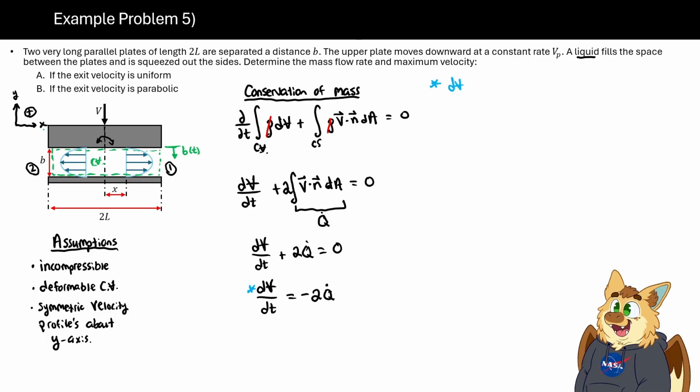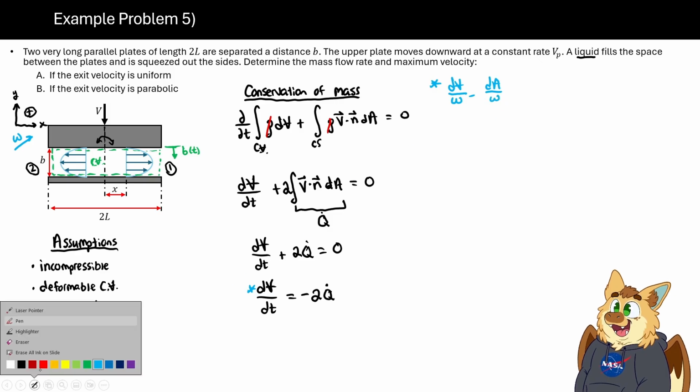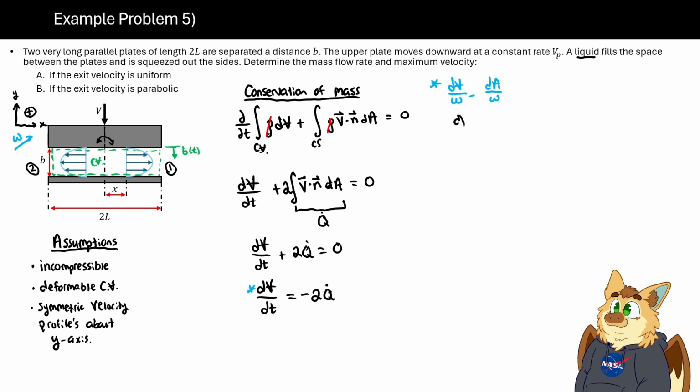So we're going to assume that our volume and our area are basically normalized by our width into the page. So dV would actually be written as dV over w, and dA would be written as dA over w, per unit width. So in this case, our dV per unit width of our control volume would be our length times our height.